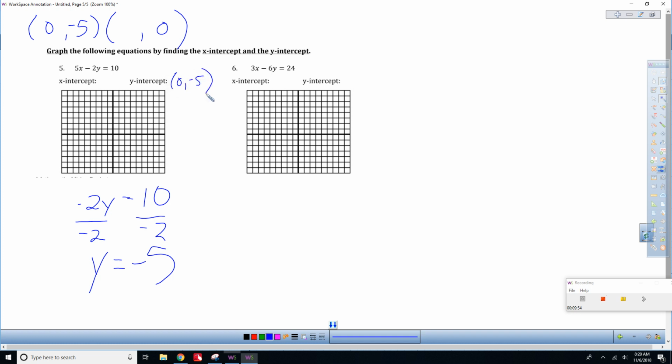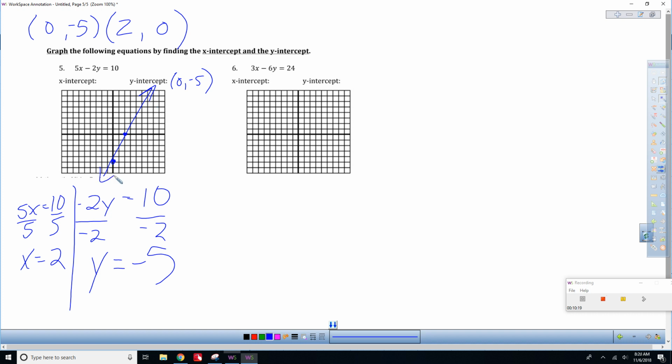The x-intercept, well, you get 5x equals 10. Divide each side by 5, and you get x equals 2. I encourage you guys to figure these out in your head whenever you can. So (2, 0) is here, (0, -5) is there, and there's our line. Okay?